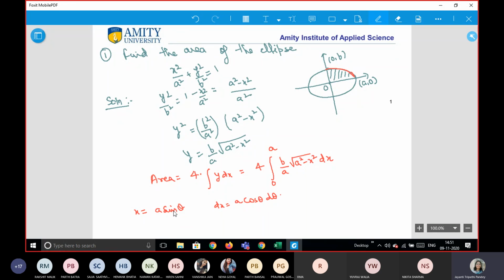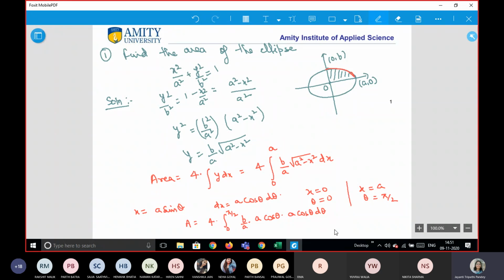Now when x is 0, theta is 0. When x is a, what will be your theta? Pi by 2, right? When x is 0, theta is 0. When x is a, theta is pi by 2. Is this fine or not? Yes, ma'am. So area A is 4 times integral 0 to pi by 2 of b by a cos theta into a cos theta d theta.